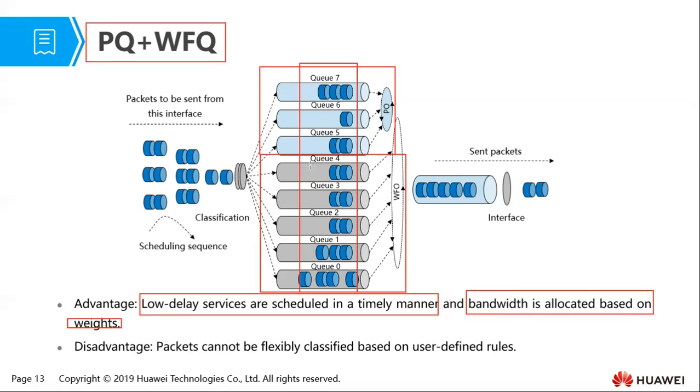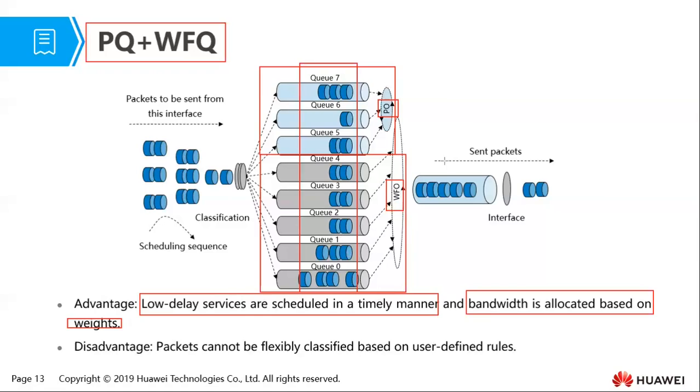So these ones are very low priority. The priority for queues 0 to 4 is lower compared to these ones. So these ones are high priority, so you want to forward them using priority queuing. But you're still not going to starve these ones because they are using weighted fair queue.